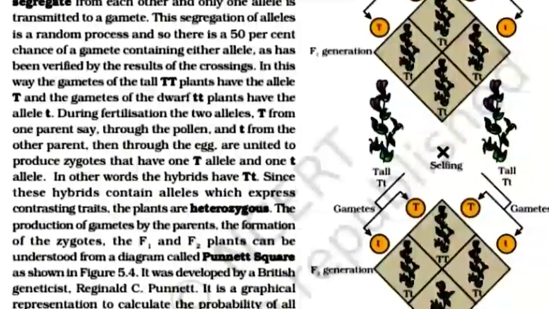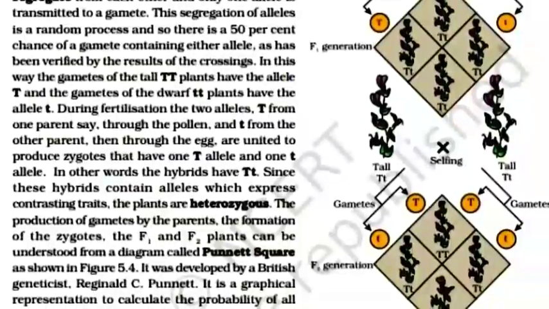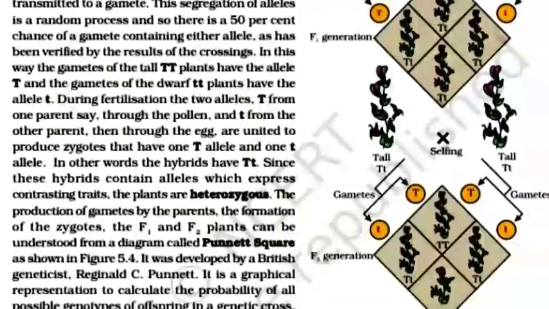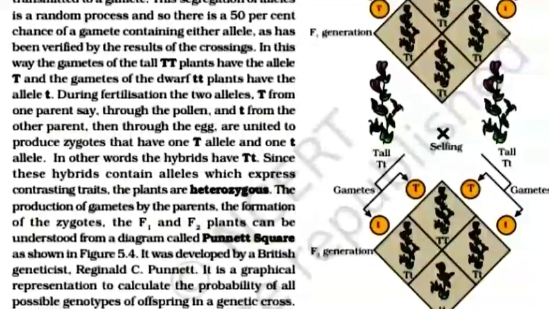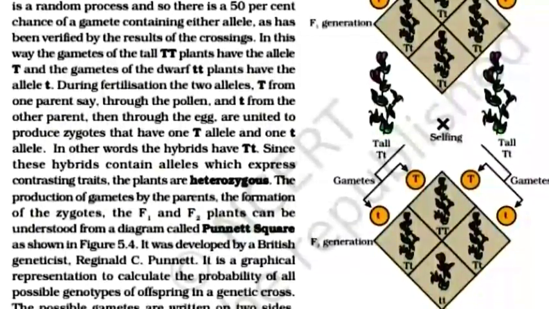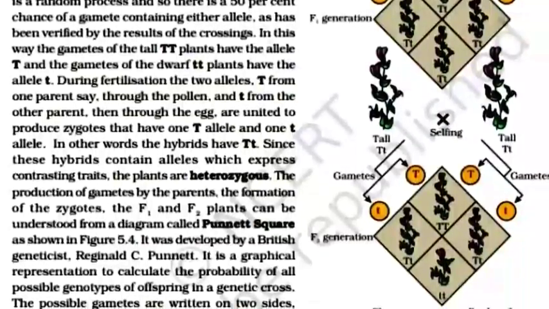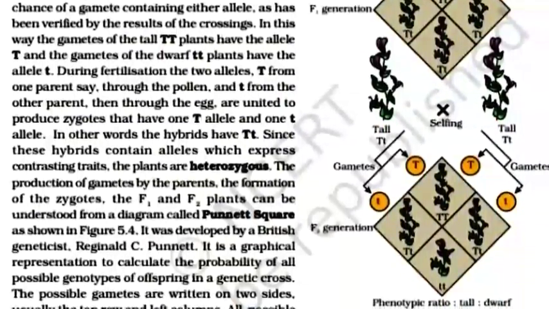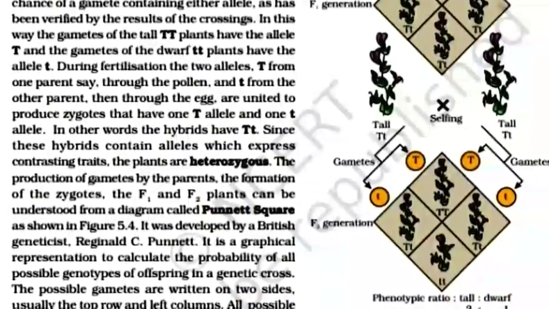During fertilization, the two alleles, capital T from one parent, say through the pollen, and small t from the other parent, then through the egg, are united to produce a zygote that has one capital T allele and one small t allele.